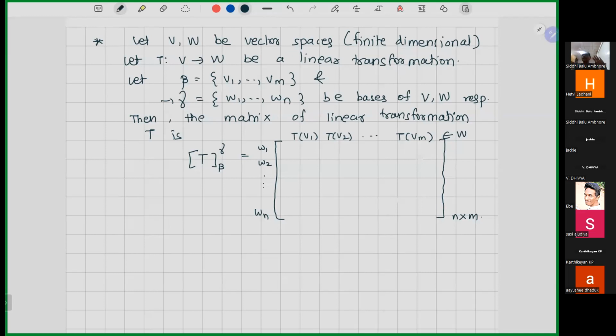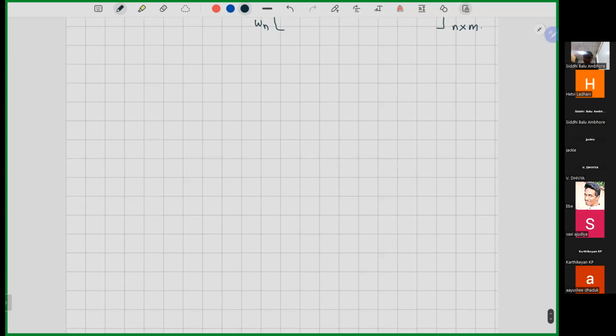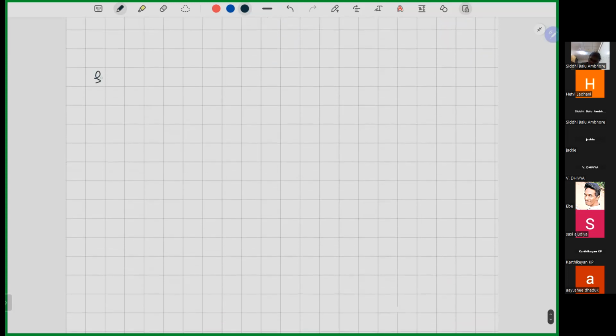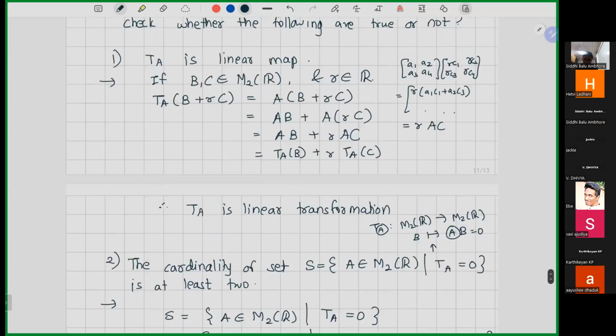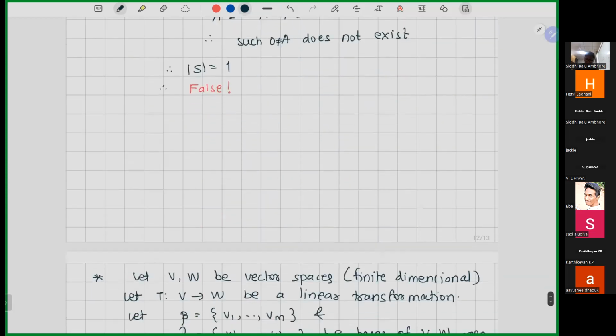So the corresponding matrix of the linear transformation will be 4 cross 4, even though the linear transformation itself is from 2 cross 2 matrices to 2 cross 2 matrices. Any doubts? We will solve the example and you will get the idea overall. So let us start with this question. I guess we are now in question 5.